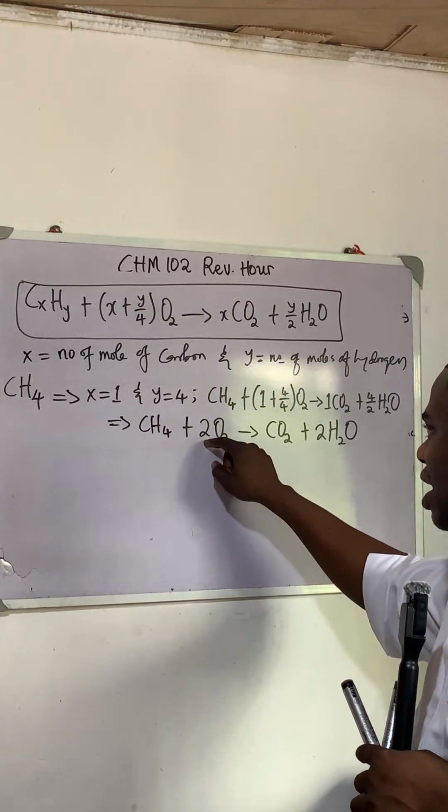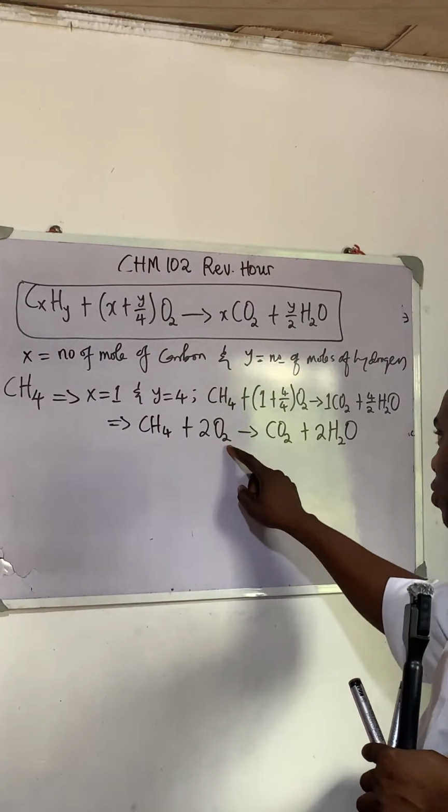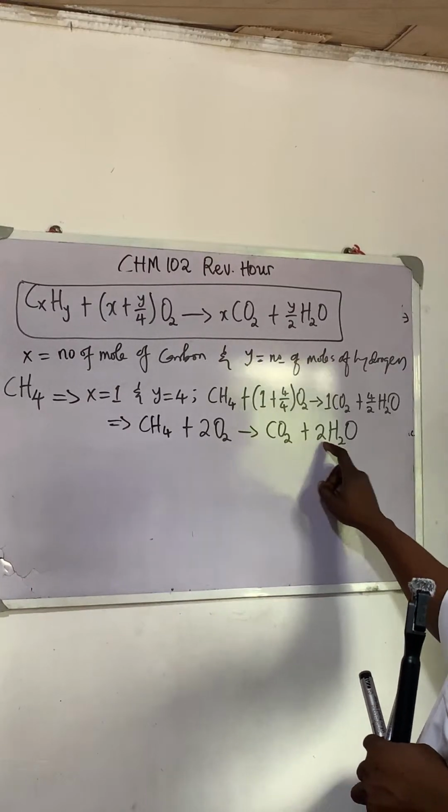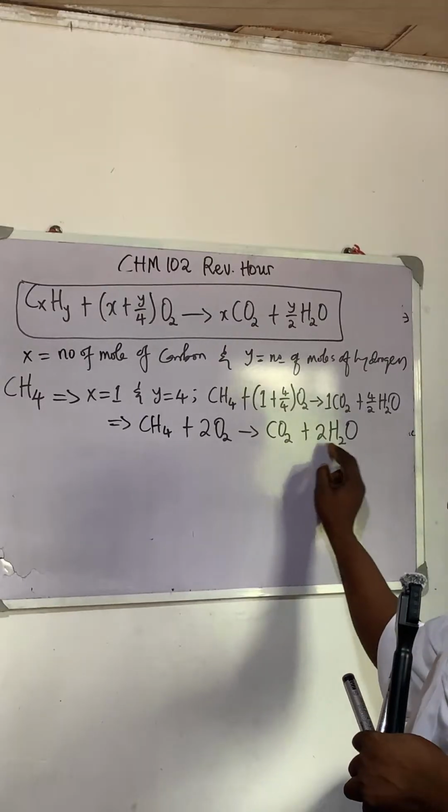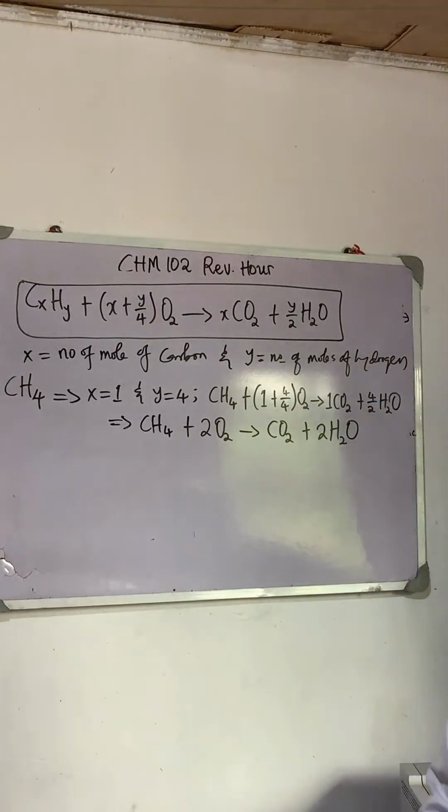How many oxygen are here? 4, because 2 times 2 is 4. How many are here? 2 plus this 2, that is 4. How many hydrogen are here? 4, 2 times 2, 4. So that is why I say this is the best way to balance hydrocarbon equation.